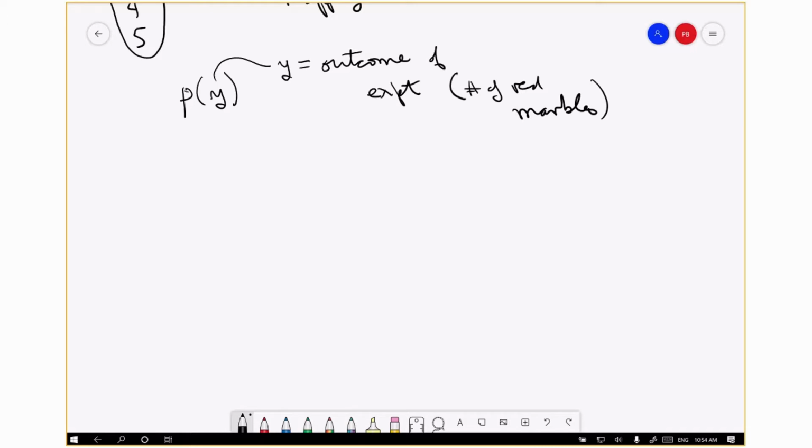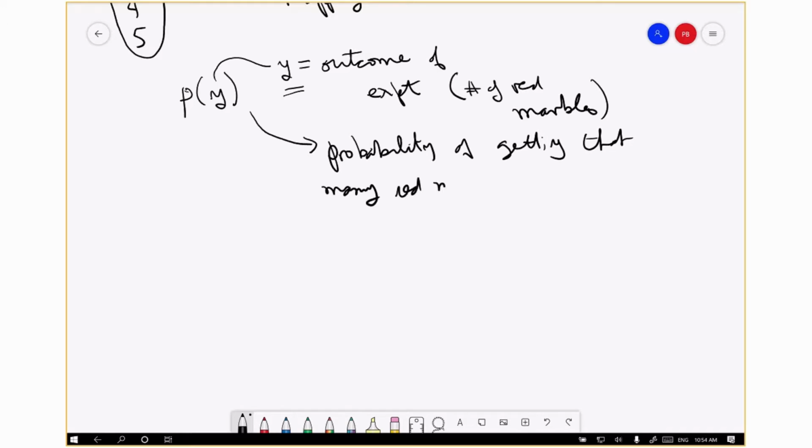And for each one of those values of Y, it's going to provide the probability of getting that many red marbles when the experiment is done.